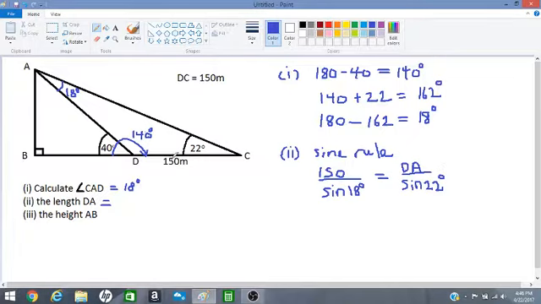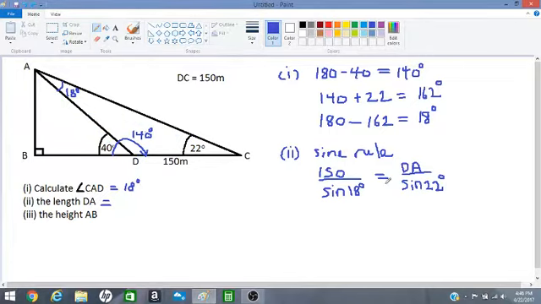We have put 150 over sine of the opposite angle, and then we have put the unknown length over sine of 22.